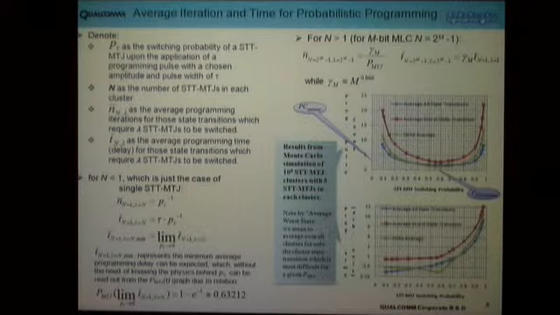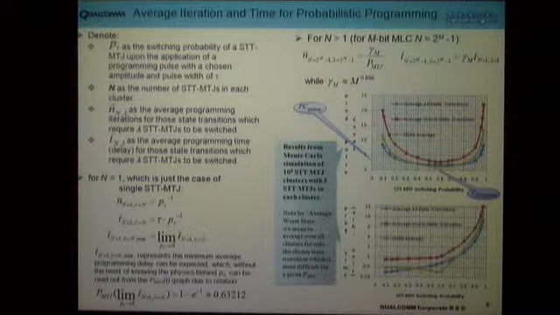And we notice that if we make the switching probability infinitely small, we can reach the minimum average programming time. This p(tau) is the switching probability for STT-MTJ with a given pulse amplitude, but the pulse width is tau.